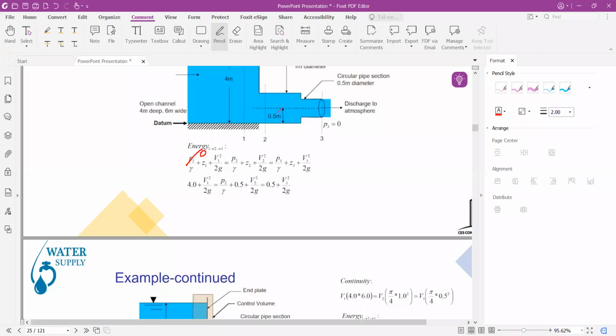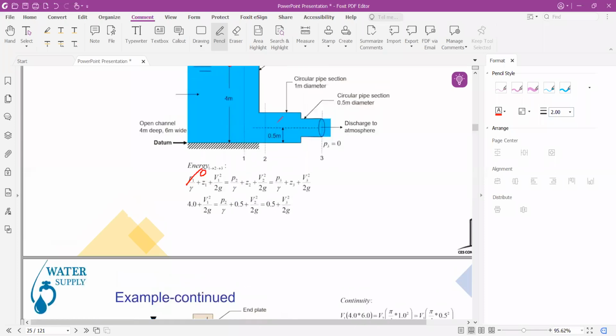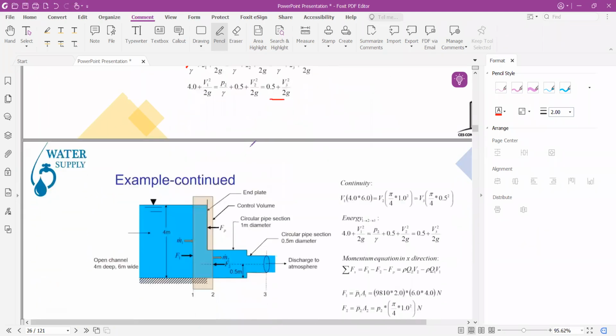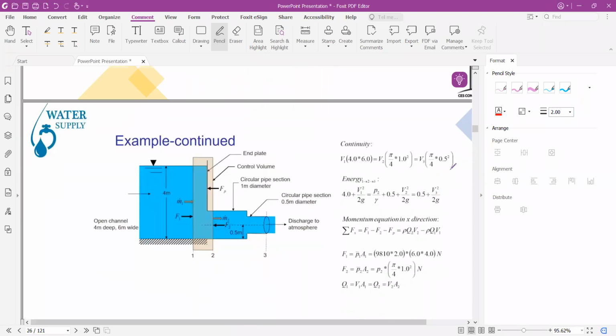We also don't know the pressure head at section 2, at the diameter of 1 meter circular pipe section, and this is the equation at section 3. So we get these two equations from the continuity equation and Bernoulli's equation.